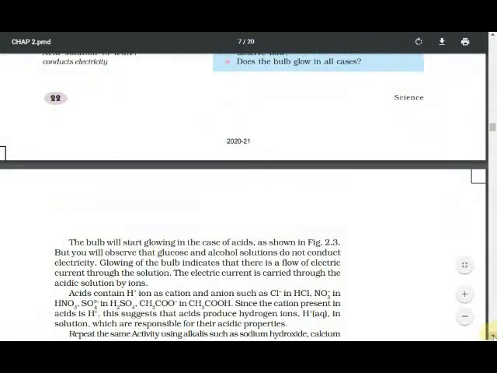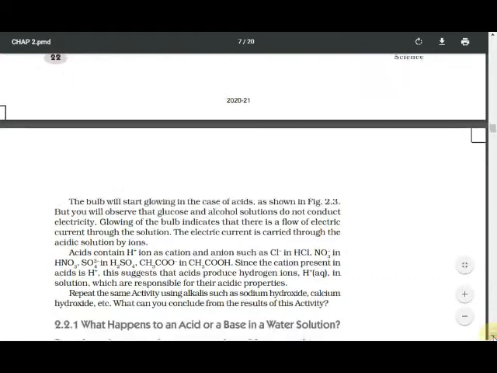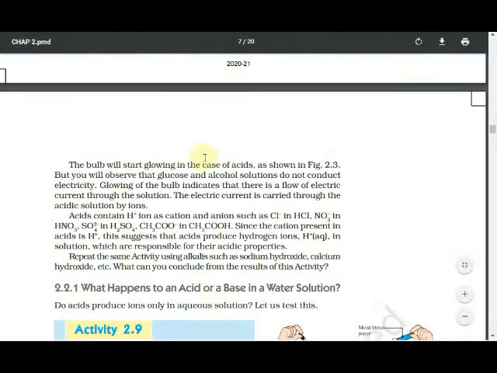The bulb will start glowing in the case of acids as shown in figure 2.3. But you will observe the glucose and alcohol solutions do not conduct electricity. Just now I have told. Glowing of the bulb indicates that there is a flow of electric current through the solution. The electric current is carried through the acidic solution by ions.